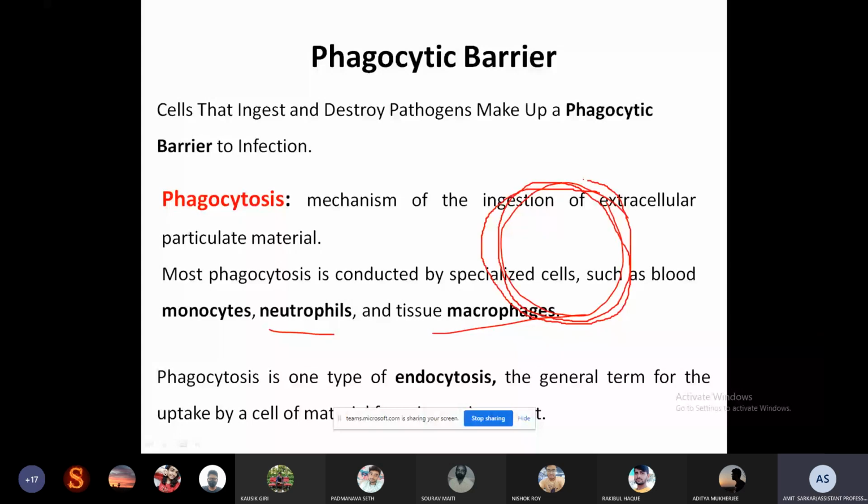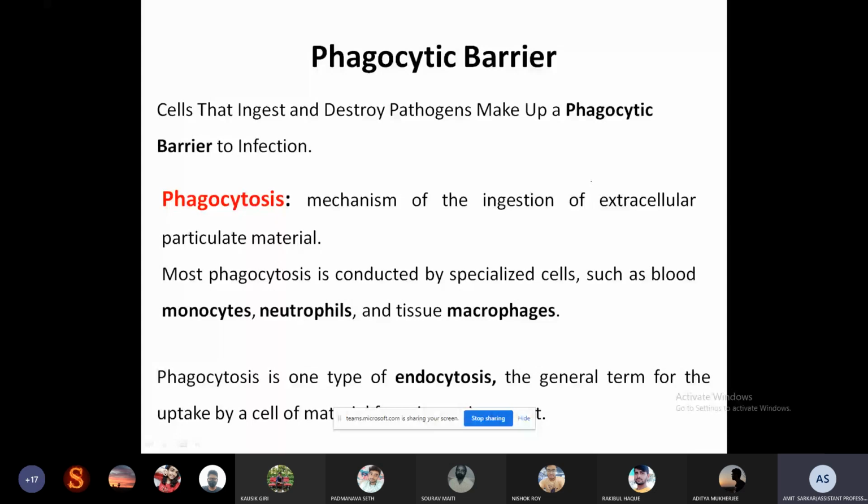They are looking for any microorganism, and if they find any microorganism, they will try to ingest it and kill it. So this is called phagocytosis. Phagocytosis is also a type of endocytosis. If you have studied that in your cell biology class in higher secondary, it's called endocytosis and exocytosis, two different processes. So it comes under endocytosis.